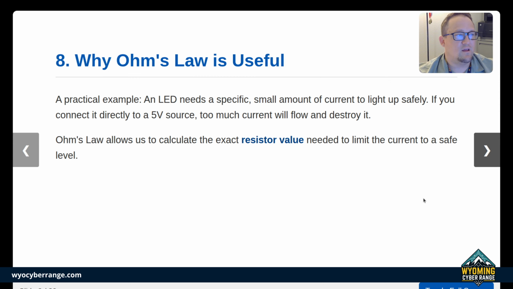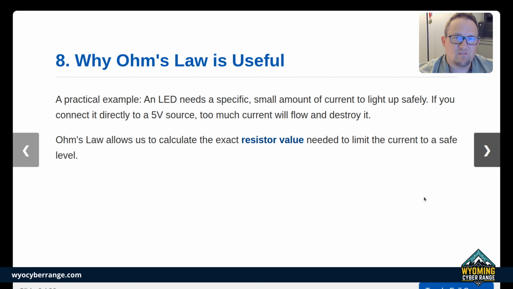All right, so an LED, for instance. So today we're going to be doing an LED circuit. An LED requires a very small amount of electricity. The LEDs that we're going to be using are normally about 1.3 volts. Okay. Now we're going to connect it up to a 5-volt circuit. So what we need to do is we have 5 volts. We need 1.3 volts. What we're going to do is add resistance.